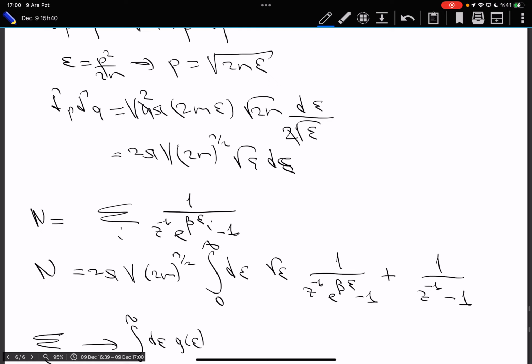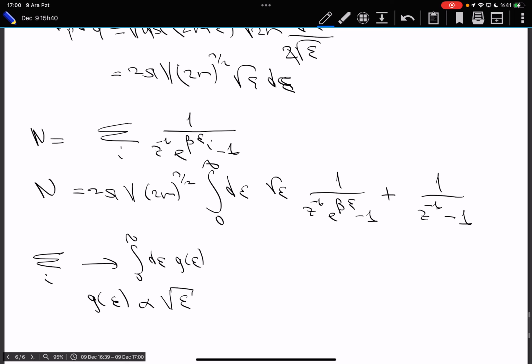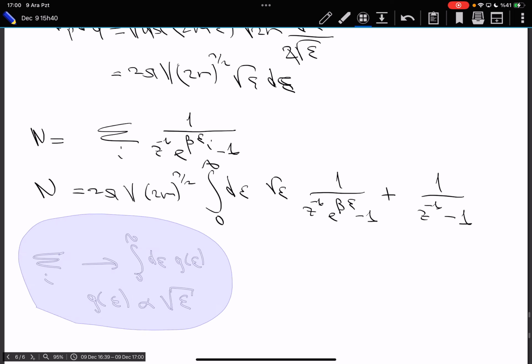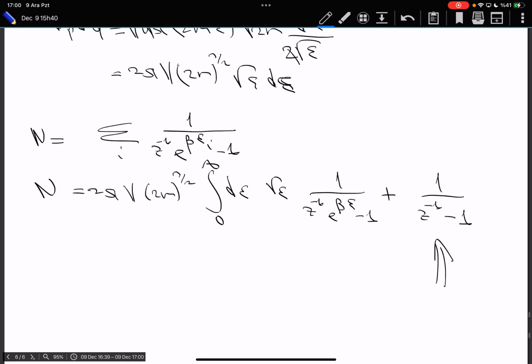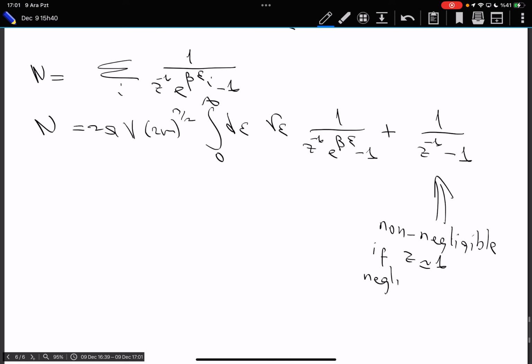It's negligible in the thermodynamic limit, but at low temperatures, when Z becomes very close to 1, we should keep that term. We should treat that term separately. So this term is non-negligible if Z is almost equal to 1, negligible otherwise.